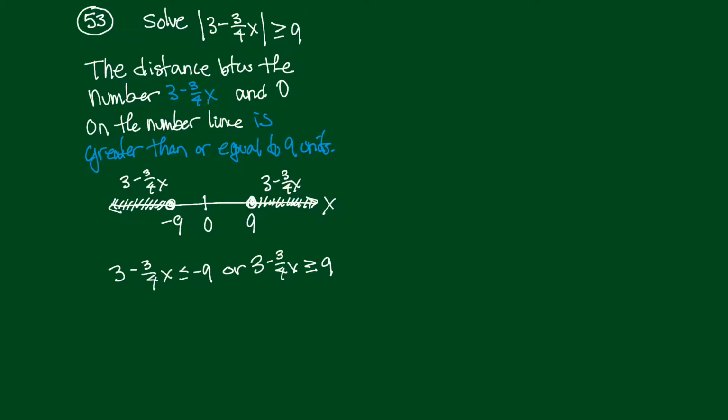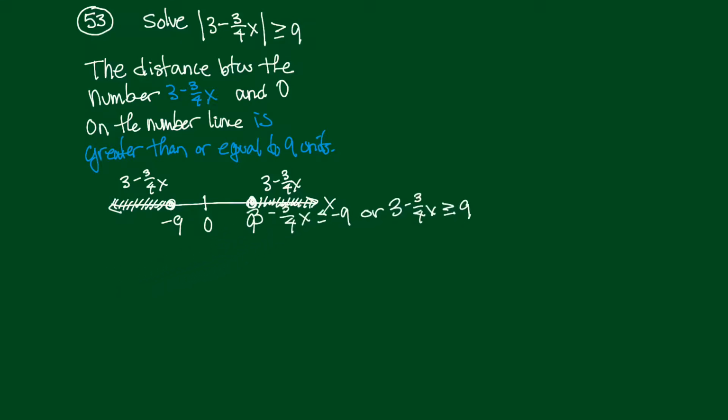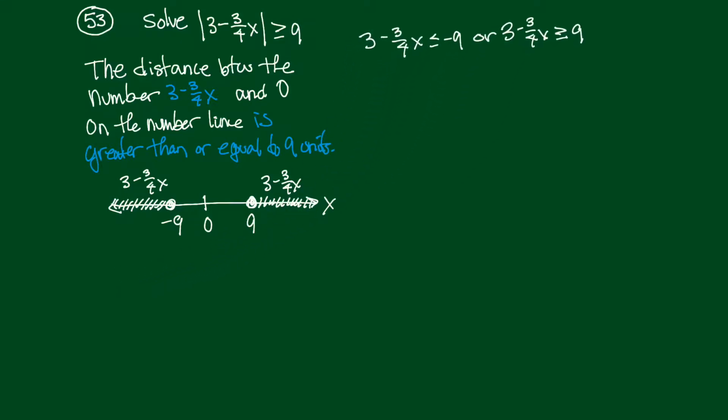So let's solve these two inequalities. And to do this, I'm going to get some more room. I'm going to bring it up here. Both of these involve fractions, so I'm going to get the LCD, and it turns out the LCD in each case is 4. So I'm going to multiply 4 through the entire inequality. I'll put it here, here, and here, and for this one, here, here, and here.